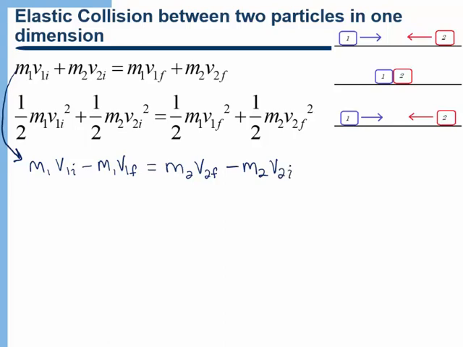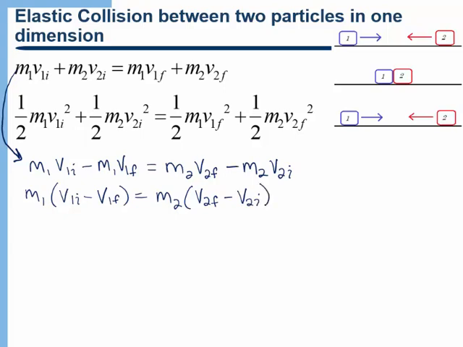So I just brought this term over to the left and I brought this term over to the right. The next thing that I'm going to do is factor out the m's. So I get m1 times (v1 initial minus v1 final) is equal to m2 times (v2 final minus v2 initial).